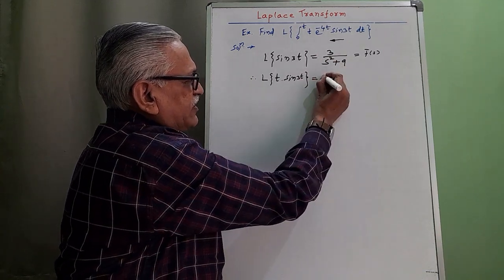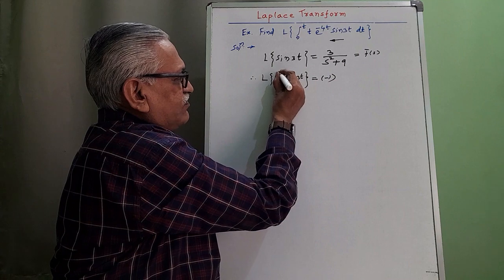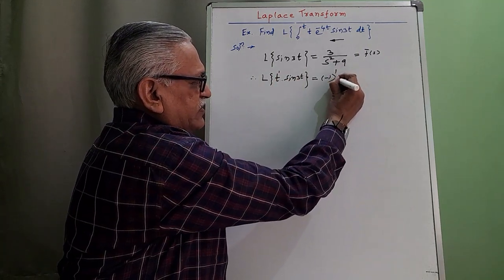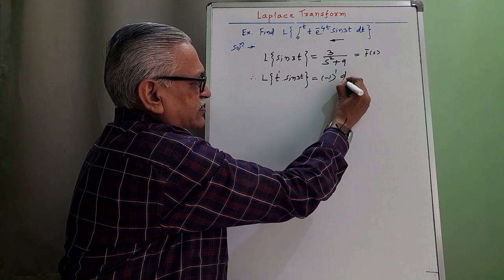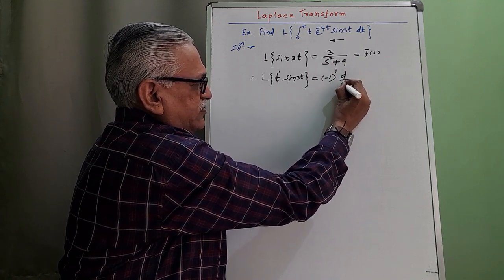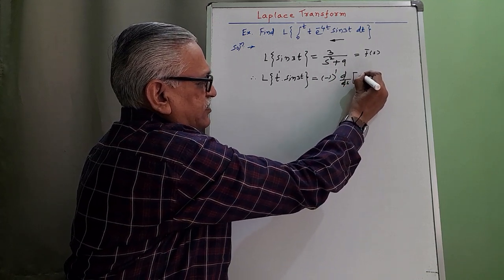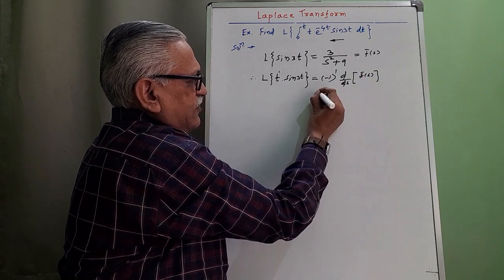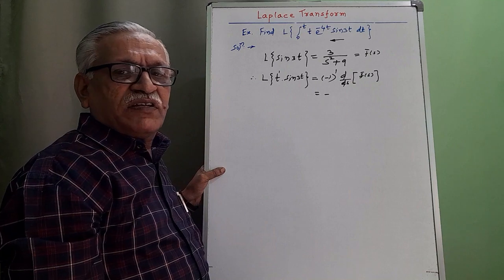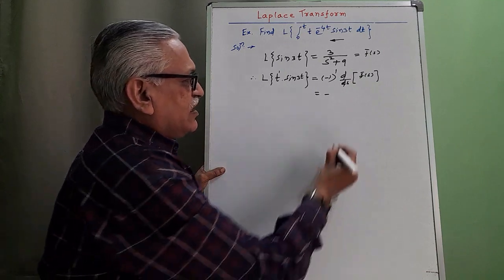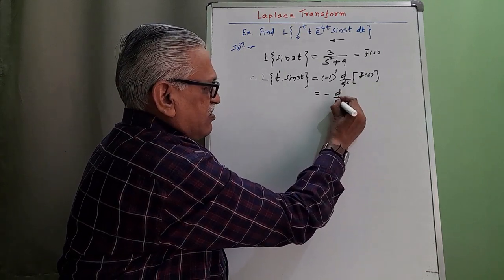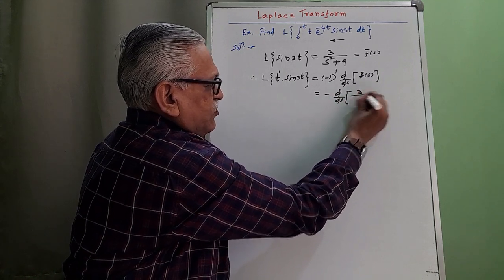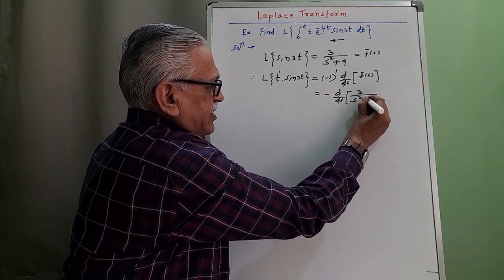As per that theorem it is minus 1 raised to n, n is here 1, therefore minus 1 raised to 1, same order derivative with respect to s of f bar of s, and therefore it is minus d by ds of f bar of s. F bar of s is here 3 upon s square plus 9.